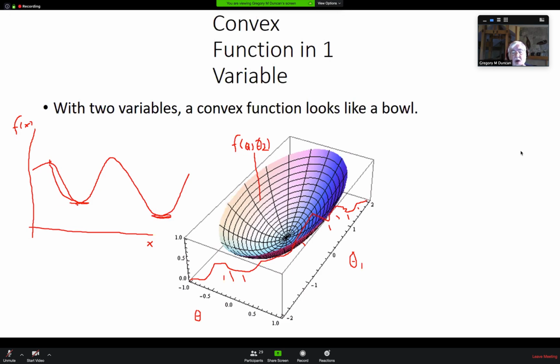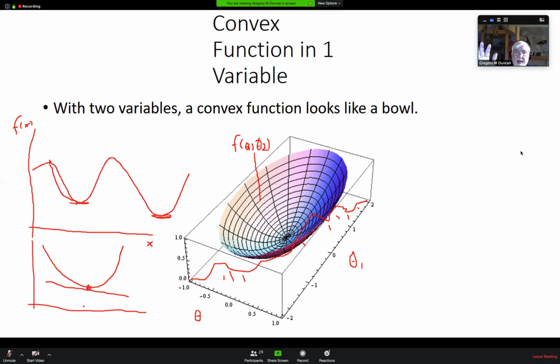And so what you found was a local optimum, and you can't guarantee just by looking around there and saying, look, I'm at the bottom of a bowl, that there isn't a bowl over on the other side of the mountain that's even deeper. And so that's why you need convex functions. That can't happen in this case. That is, if you know the function's convex, then it only has one optimum, and it's right there.